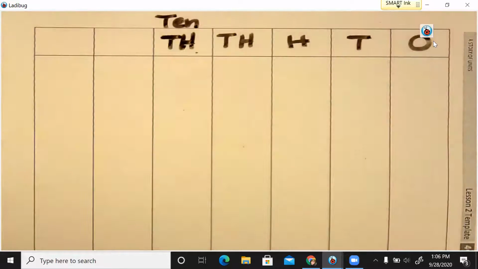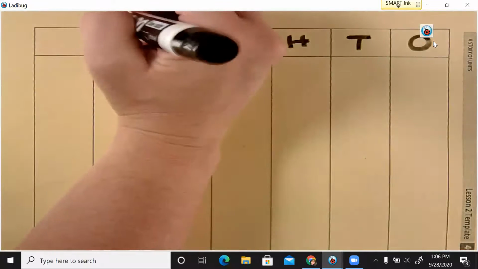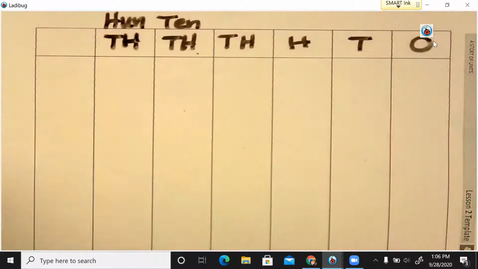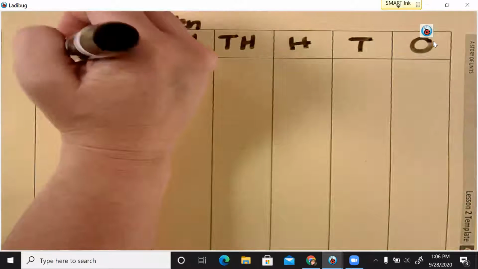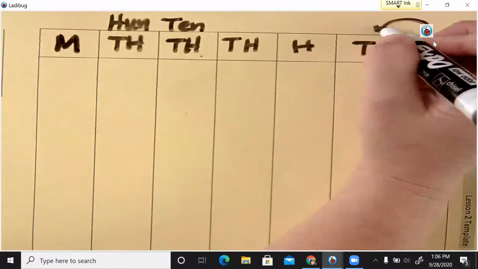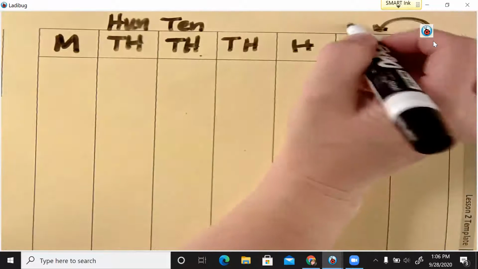And then what's bigger than 10,000s? 100,000. 100,000. Yep. And then the biggest place value that we're going to be dealing with would be what? The million. Millions. Excellent.